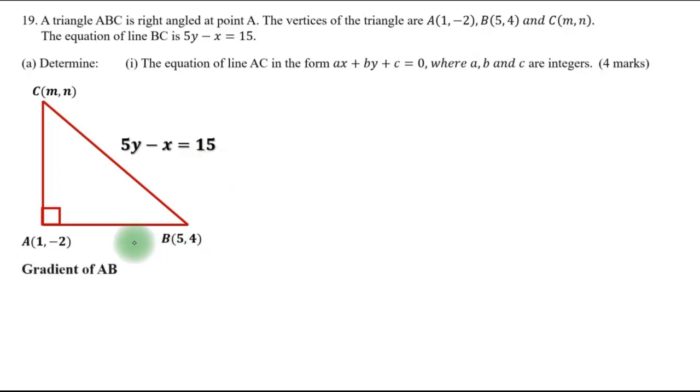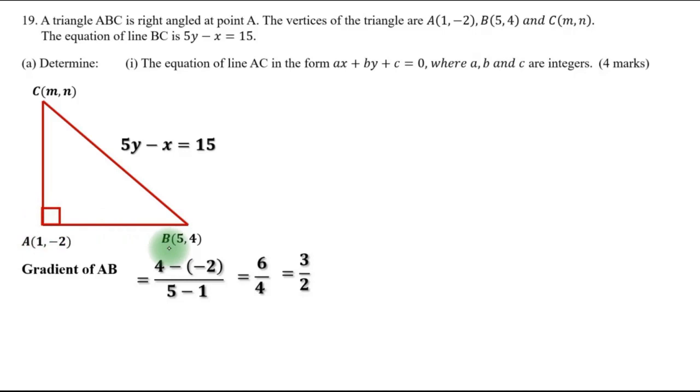So gradient of AB will be what? It is change in y over change in x. And change in y will be 4 minus negative 2, and x is 5 minus 1. So this shall end up getting 6 over 4, which is the same as 3 over 2. Then line AC is perpendicular to line AB.